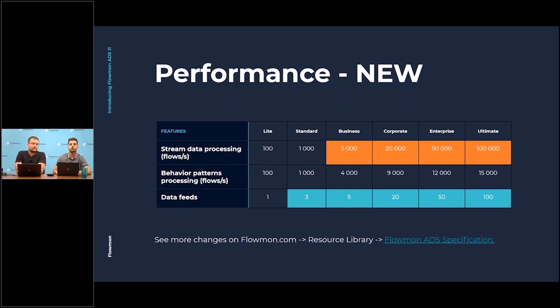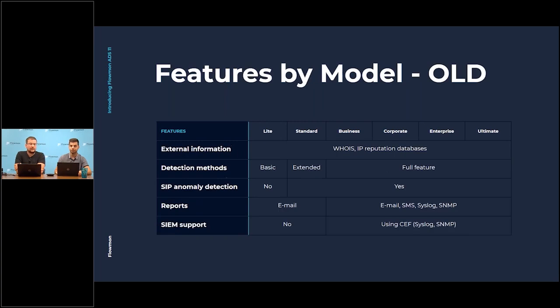Yeah. Excellent. So this was the performance part, and an increase that every customer with Flowmon ADS gets for free. Just upgrade to ADS 11. Yes. Now, other features apart from performance, we were looking at what kind of external information you could use, reputation databases.